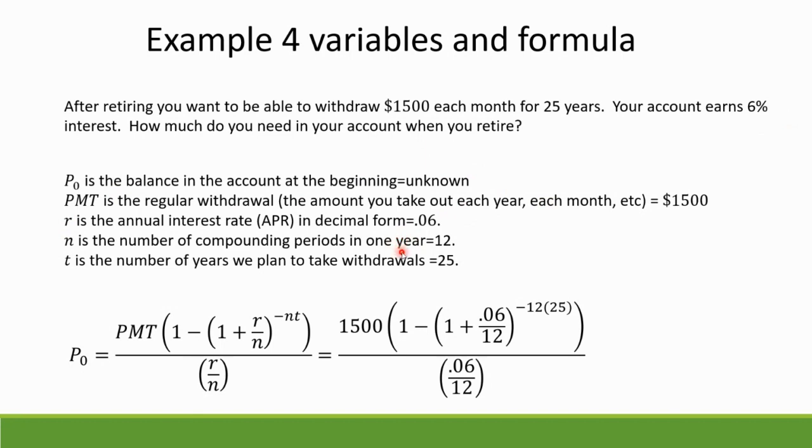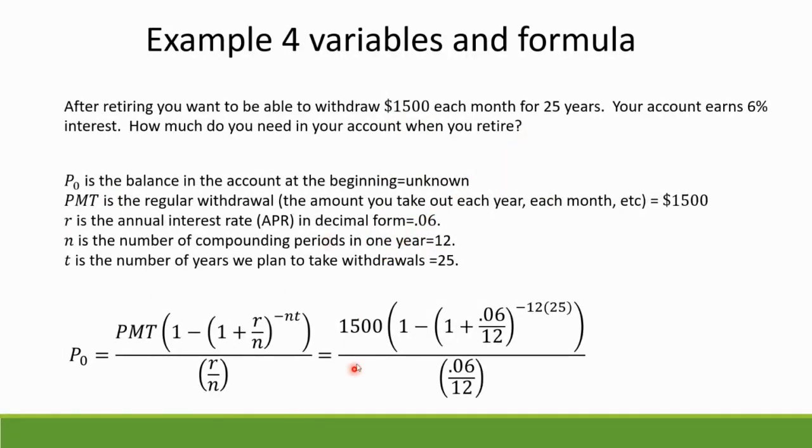N is how often the account is compounding in a year, and that's 12. I think I might have misspoke. I think I said we're making one withdrawal per year. Here it's a withdrawal per month. If I misspoke, I'm sorry. We're taking out monthly withdrawals, so the account is being compounded monthly, and this is going on for 25 years.